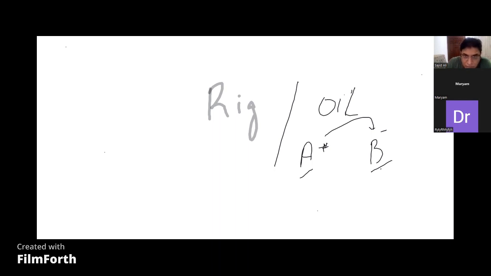But I told you that RIG is for reduction. Reduction is gain of electron, and OIL is for oxidation. Oxidation is loss of electron. These are simple words to remember these two things, because it is important that oxidation and reduction involve loss and gain of electron. When any atom or ion gains electron during a reaction, we say it has undergone reduction.